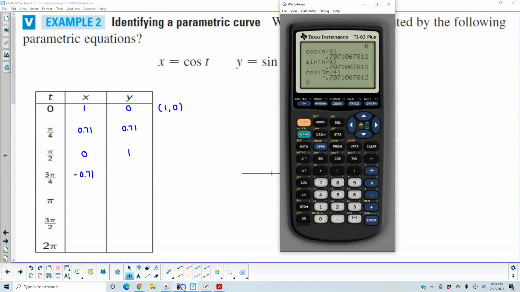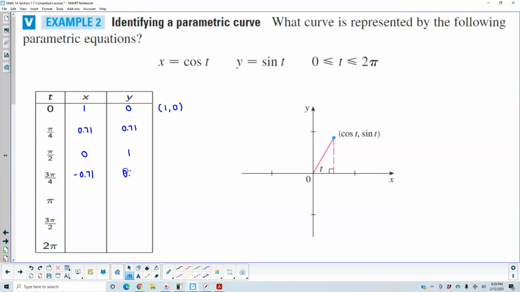And so what do we know about the sine of 3 pi over 4? We also know that's going to be positive 0.71. What is the cosine of pi? Well, the cosine of pi is negative 1. The sine of pi is 0.